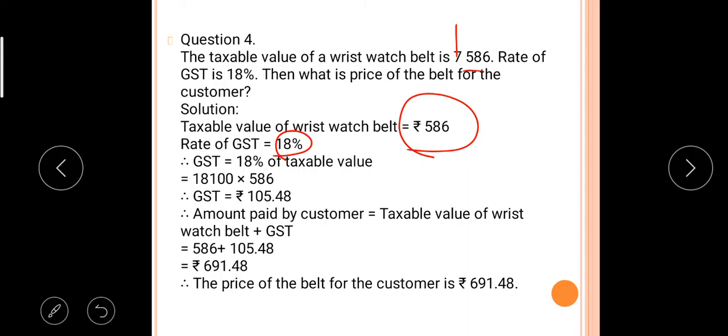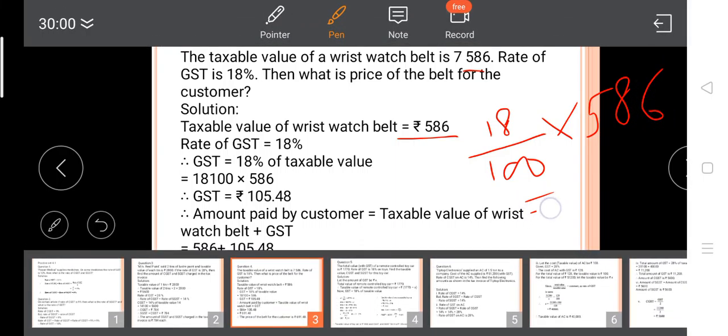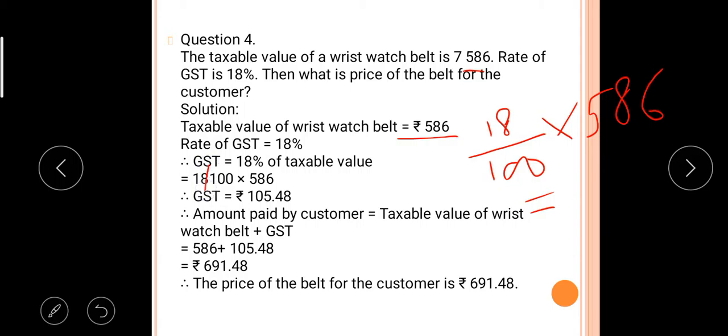So we have to find out 18% on how much, which value? 18% on 586. So how is it calculated? 18 divided by 100 multiplied by 586, and after calculation you will get the value. Here it is also 18 divided by 100, 105.48. So this is your GST.